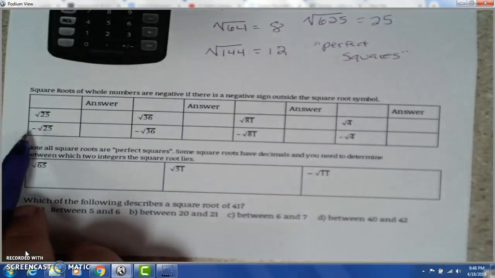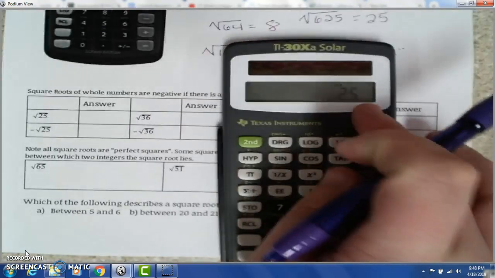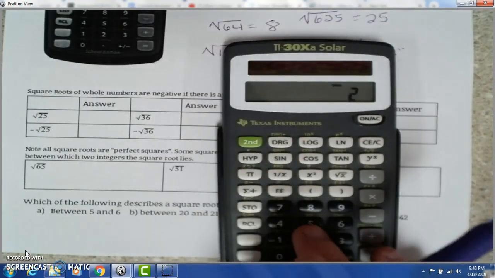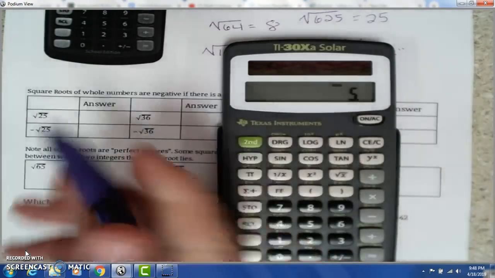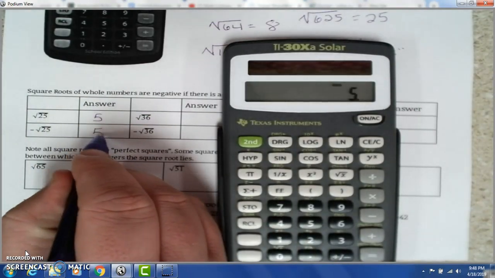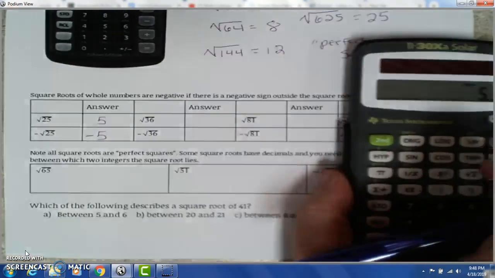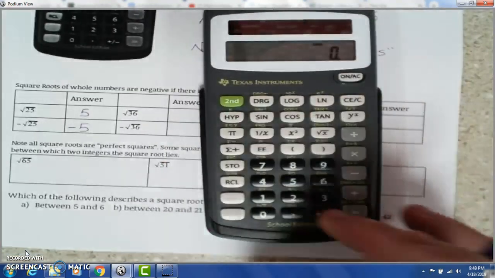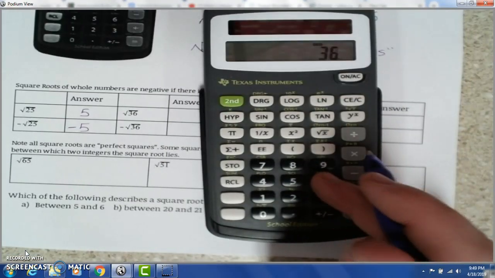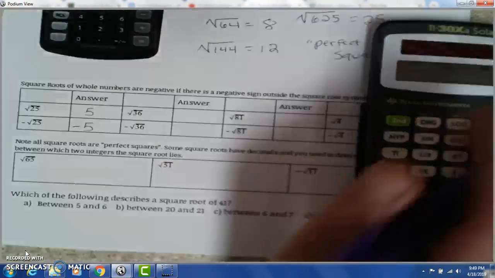Some square roots of whole numbers, I should say, are negative, and you know that if there's a negative sign outside the square root sign. For example, the square root of 25 is 5, but if you have that negative sign, it's negative 5. Square root of 36 is 6, but remember, 36, hit your square root button. That's 6.